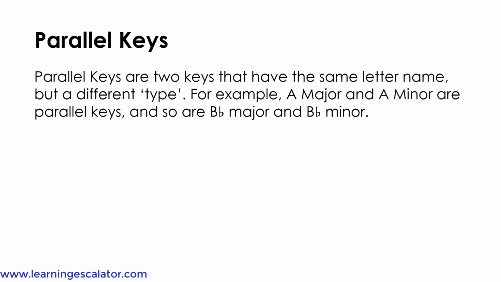Now parallel keys. Parallel keys are two keys that have the same letter name but a different type. For example, A major and A minor are parallel keys, and so are B flat major and B flat minor. If you want more examples, just give any key.